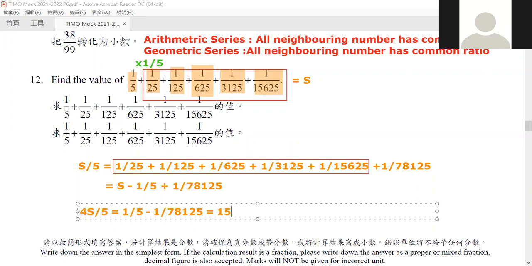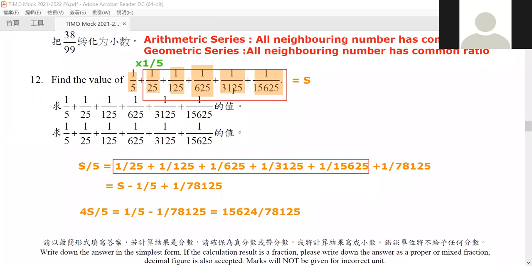It will be 15624 divided by 78125. Then all you need to do is multiply both sides by 5 and divide by 4. So we get 15624 divided by 4, and s equals 3906.